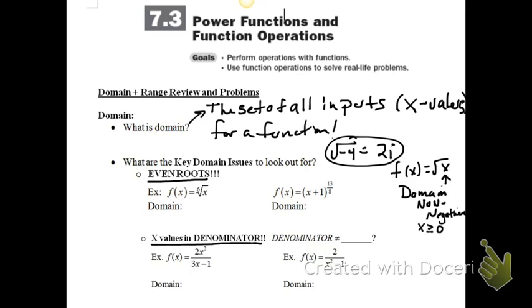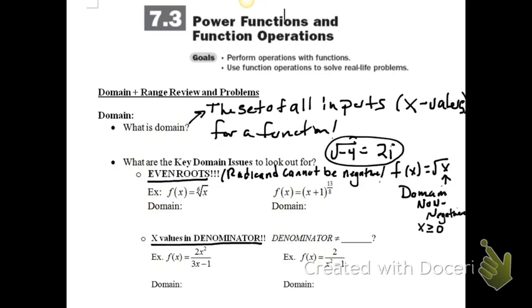The key thing for even roots, the radicand, right, that's what you're taking the root of. The radicand cannot be negative. That's kind of the moral of the story.